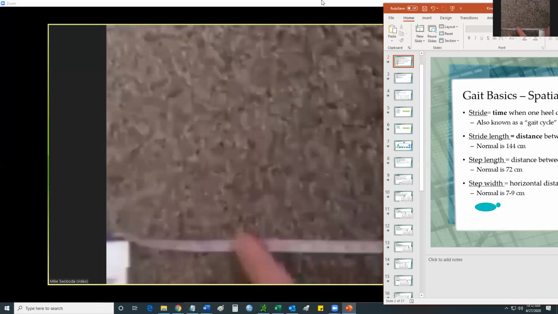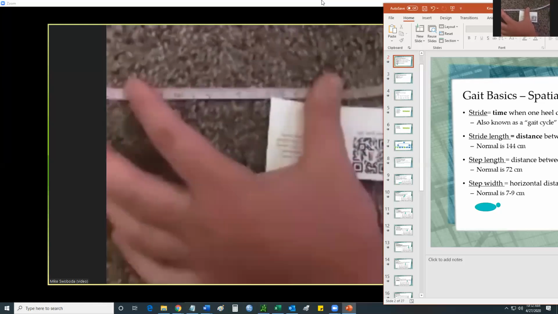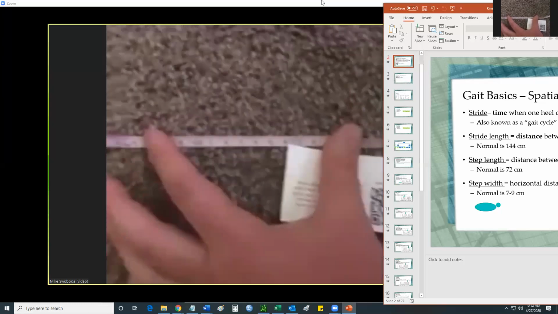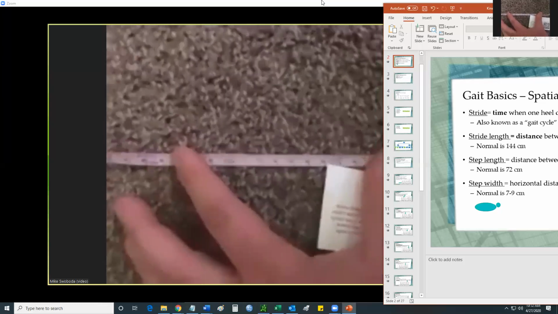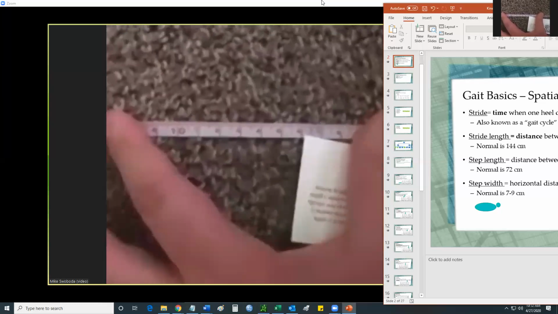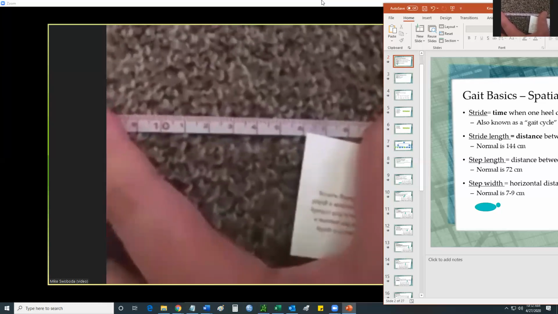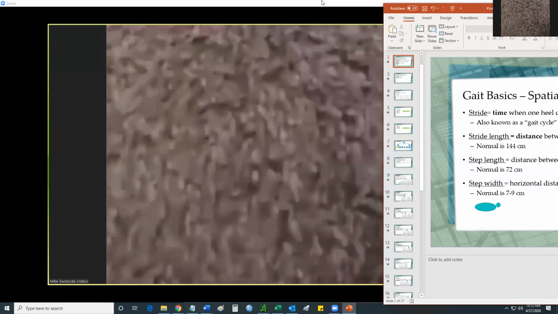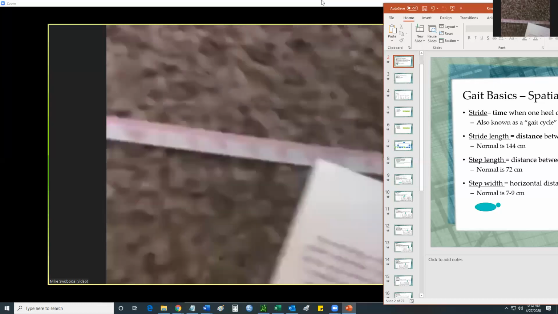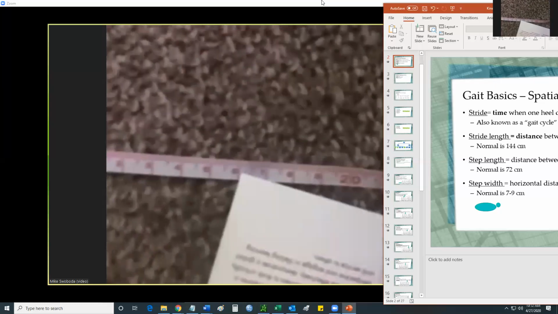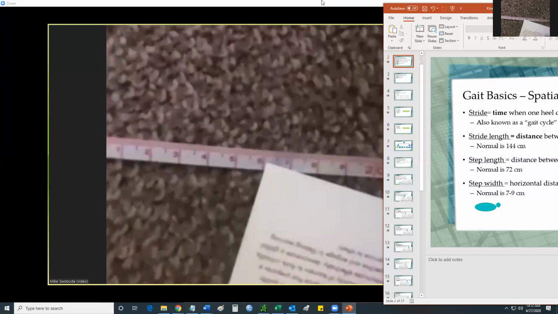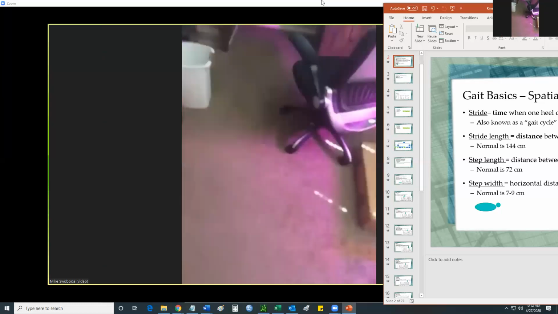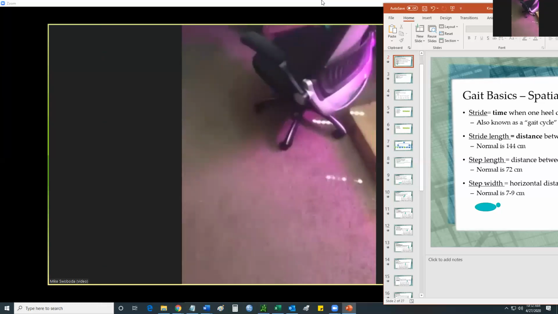And for myself here, that'll come into focus a little better, you can see I am at roughly about 16 centimeters there. So that's giving you that.